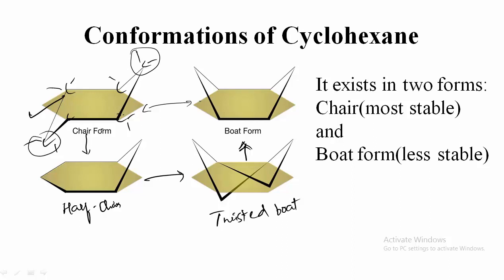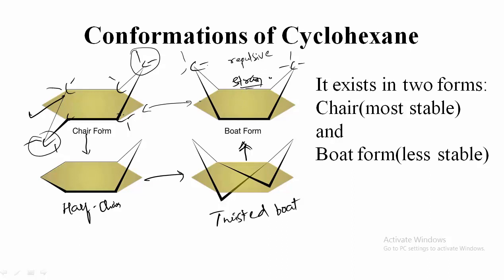That means the repulsive force present in chair form is very less as compared to boat form. Because in boat form, the repulsion will be observed between this carbon and this carbon, because both are adjacent and near to each other, and thus the repulsive force will be more in boat form, and hence it is less stable. We will call it strain. Instead of repulsive force, we will use the term strain.